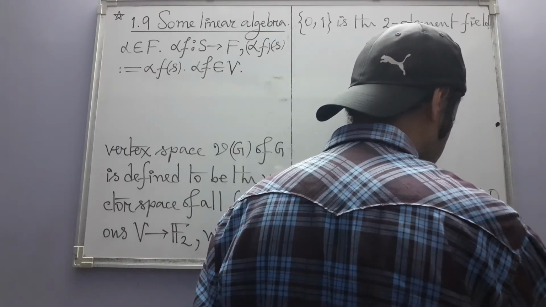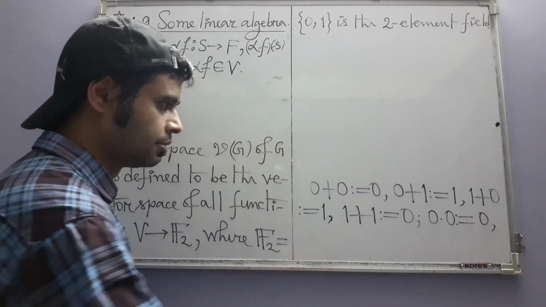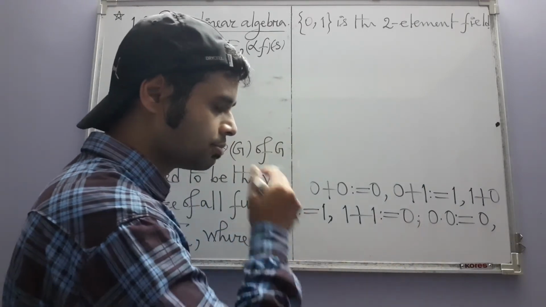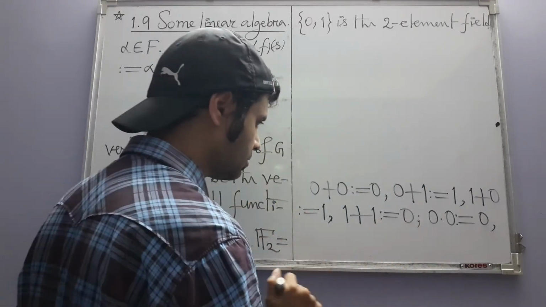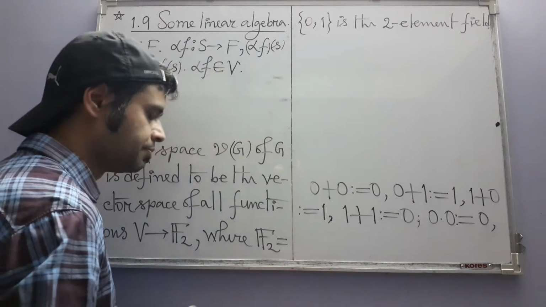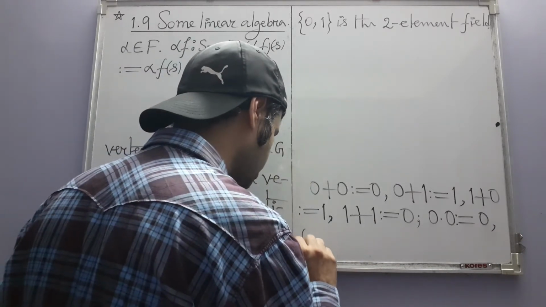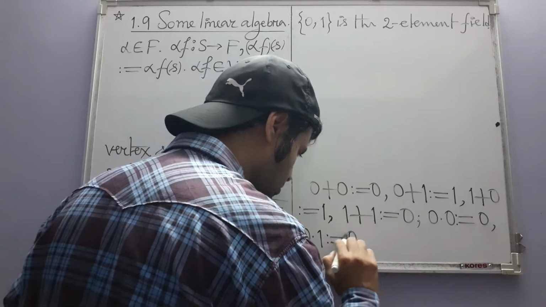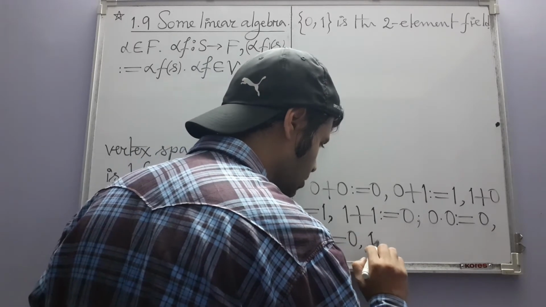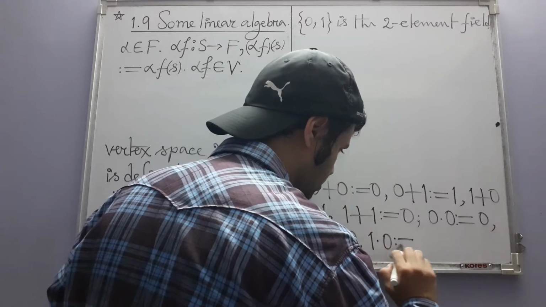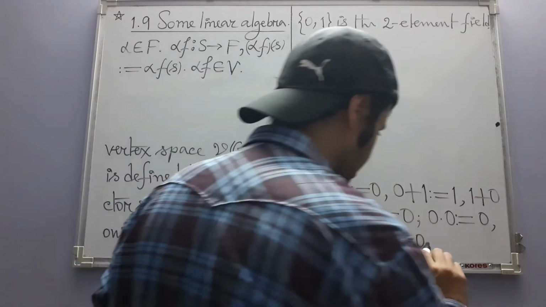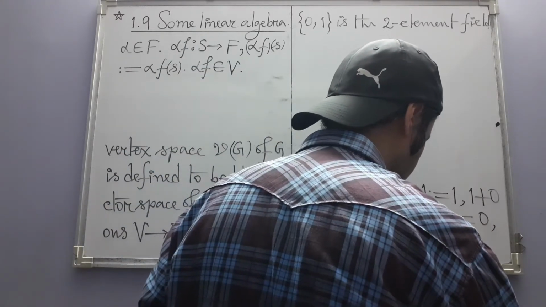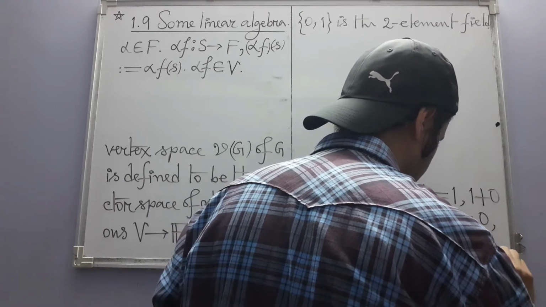0 dot 0 is defined to be equal to 0. I do not want to write 0 0 because it would look somewhat confusing. So, I am writing dot. 0 dot 1 is also defined to be equal to 0. 1 dot 0 is also 0, and 1 dot 1 is defined to be equal to 1.